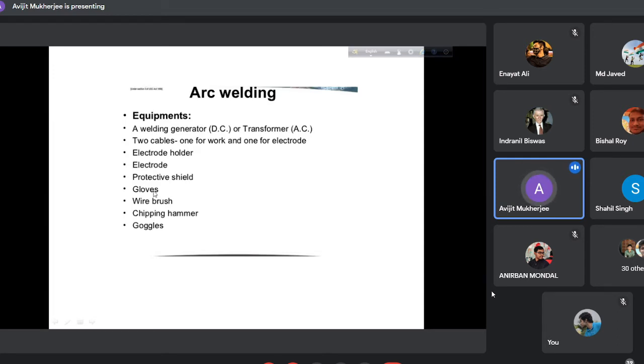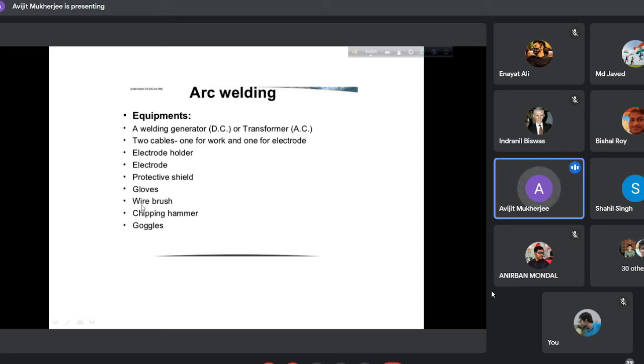Prolonged exposure of your body parts to those obnoxious gases may harm your body, even causing skin cancer. It may lead to various allergic conditions, irritations, and even cancers. So that's why this protection in the welding industry is very, very important.